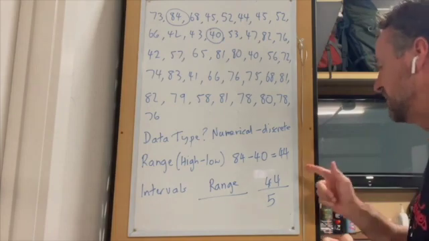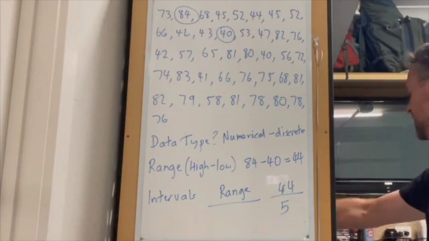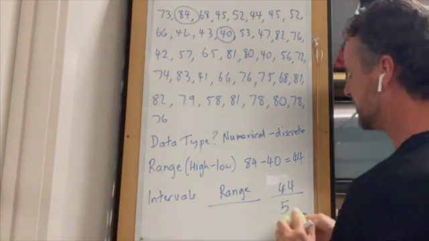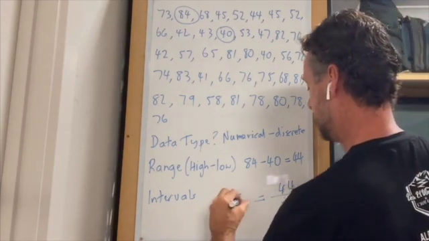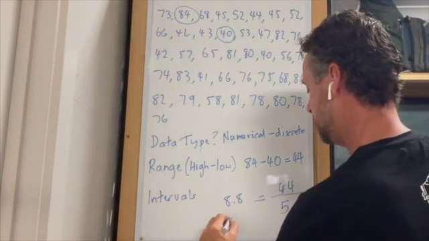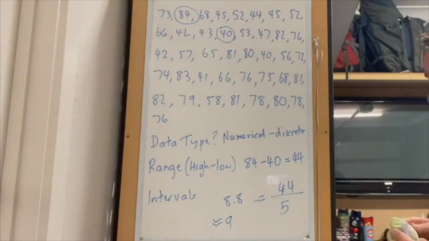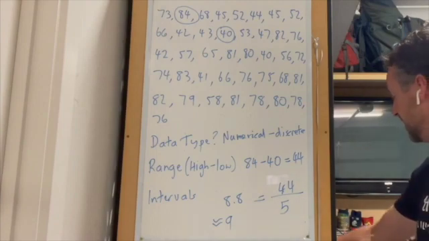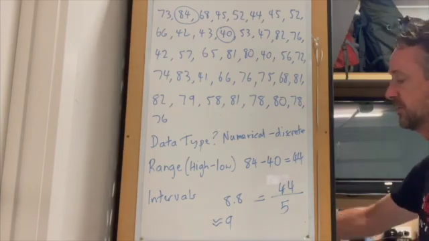Once we do that division, we see that it gives us an answer of 8.8, so we can round that off to about 9. We round it off to 9, so that we will end up with an interval size of 5. 5 nines are 45, and we will have 9 groups. So let's set that up on our frequency table now.